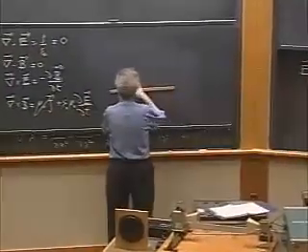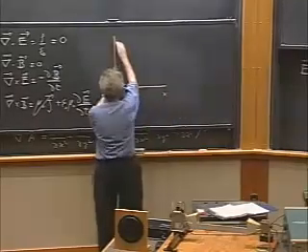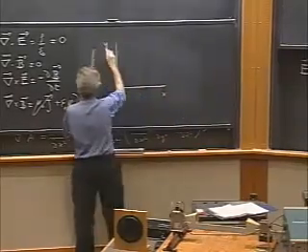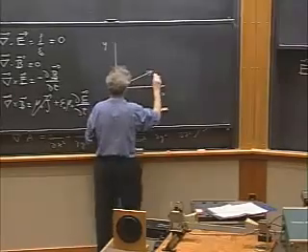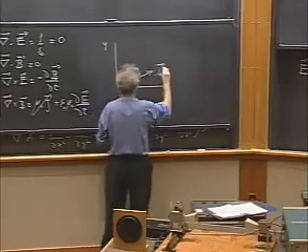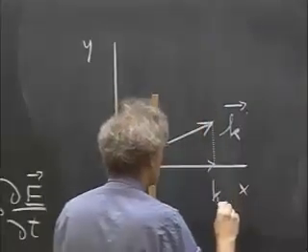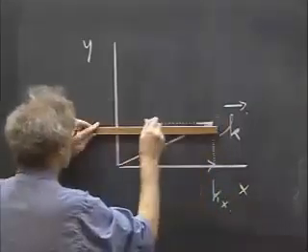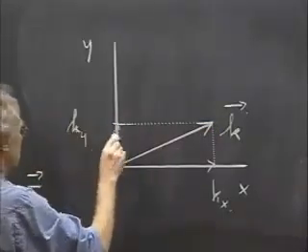So I have here the x direction, and I have here the y direction. And here I have the k vector, and this is kx, and this is ky. It's a vector.